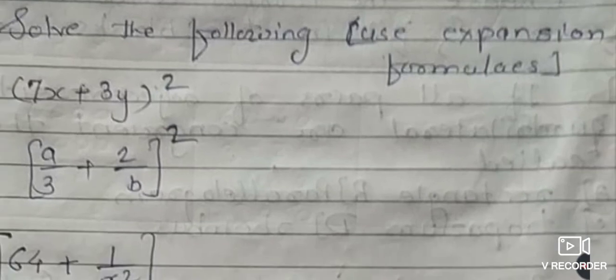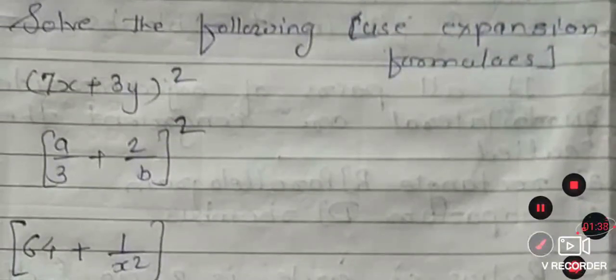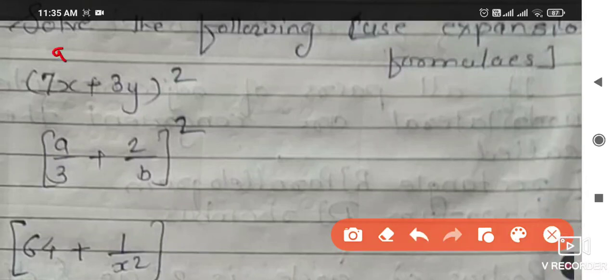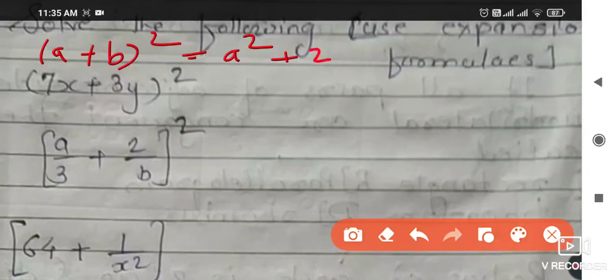The first question is (7x + 3y) square. It means we have to use the formula (a + b) square is equal to a square plus 2ab plus b square. So here a means 7x and b means 3y.